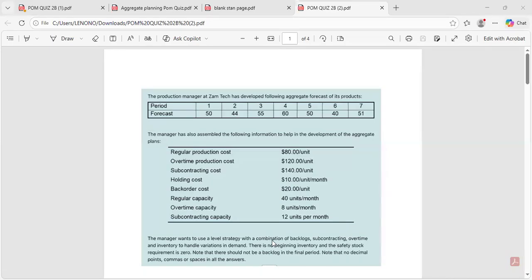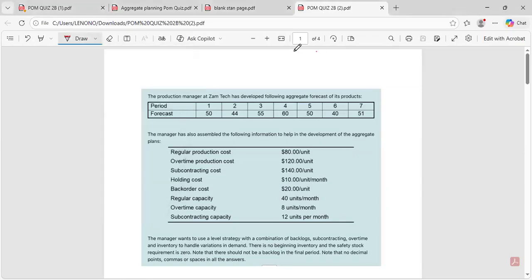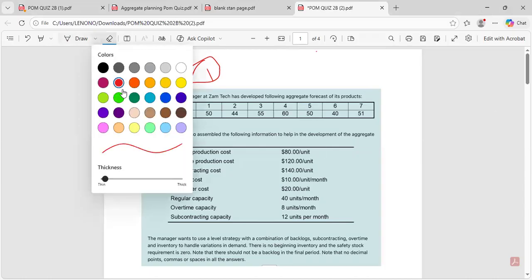We are now getting down to the quiz review. Under this one, we'll look at an aggregate planning question.